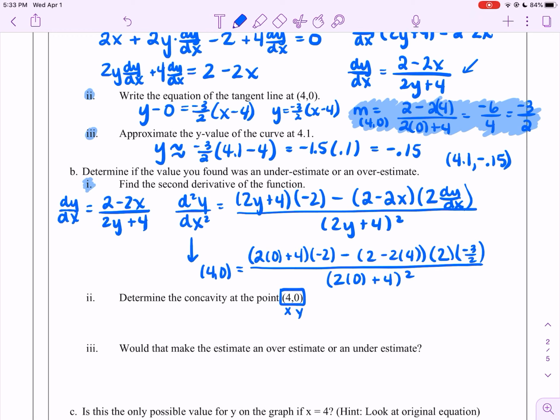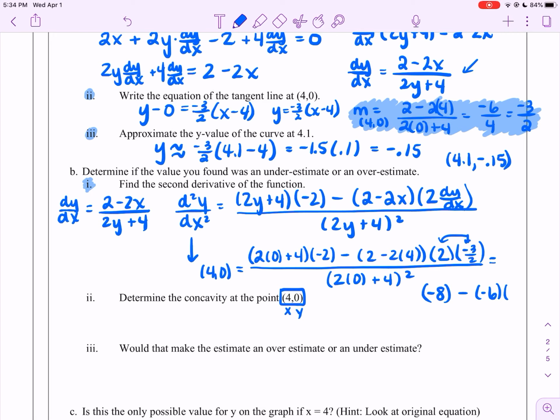All we need to do now is evaluate this expression to determine the concavity, whether it's concave up or concave down. If we start to evaluate, we have 4 times negative 2 on the first term, that is a negative 8, minus, we have 2 minus 8, that's a negative 6, times these two terms here.